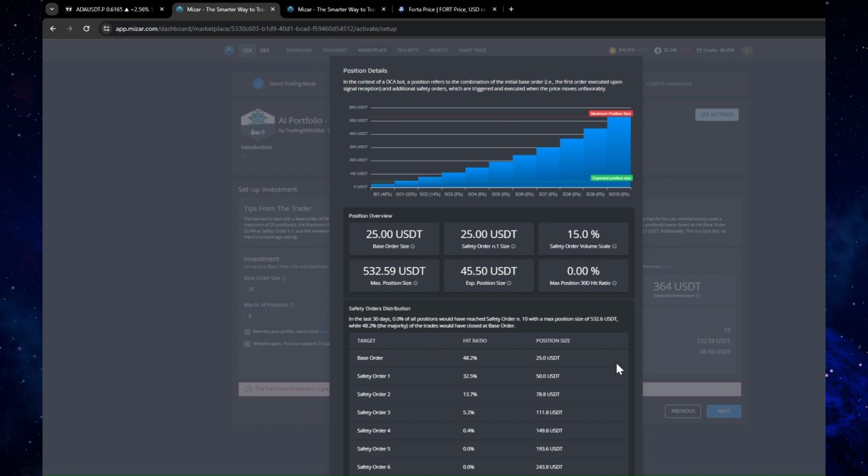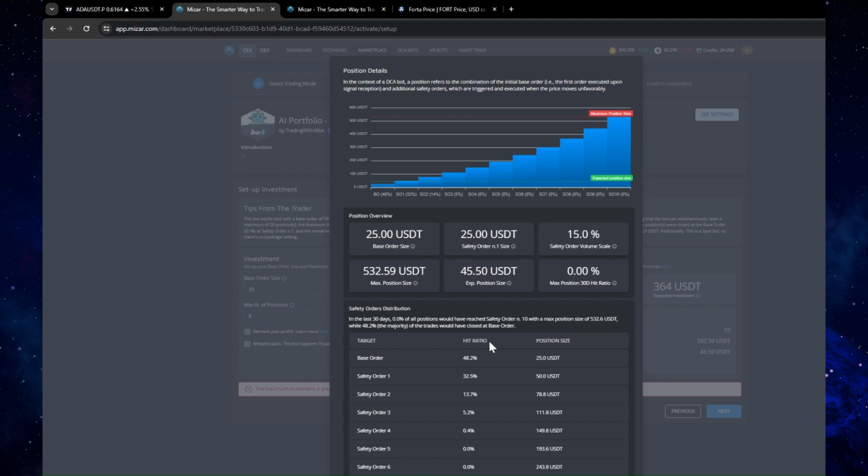It considers the statistics for the last 30 days, and it calculates the position size based on the past hit ratio. So I like it, but it's a bit more advanced, right? And for a new user, I'm not sure how much it actually helps.